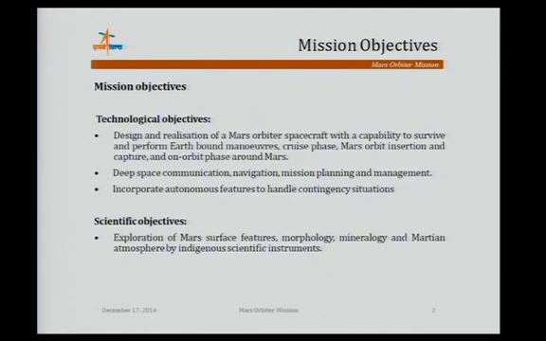And expertise building for deep space communication, navigation, and mission planning and management. Incorporation of autonomous features to recover in case of any contingencies or failures on board. Scientific objectives are basically exploration of Mars surface features, morphology, mineralogy, and Martian atmosphere by indigenous scientific instruments.